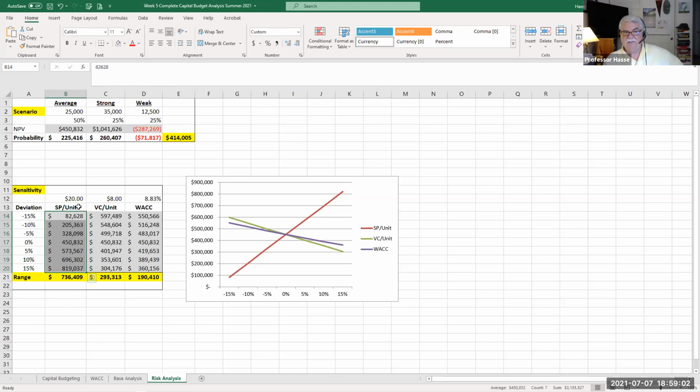Notice if our selling price is cut by 15%, notice how low profits are. But if we can sell our product for 15% higher, we can make a ton of money. Welcome to the world of high-tech retail. Apple doesn't have to sell that many products because they can charge the top in the market. People are willing to pay anything for an Apple product.